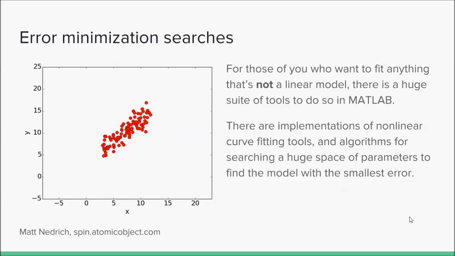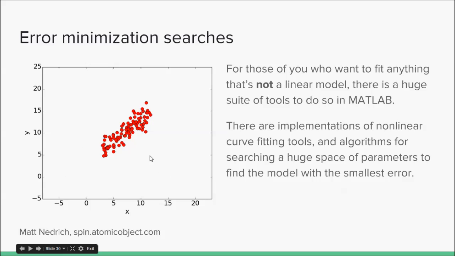So, briefly, in order to fit a model, you basically try out a bunch of different parameters and you calculate the error between the model that you have and the data that you actually measured. So if you fit a line here that's just right through the middle of this data cloud, the error that you would get would be pretty small because all the points would be really close to the line.